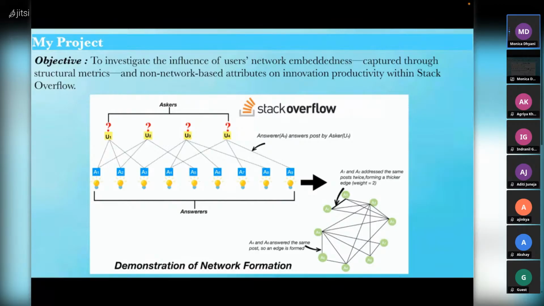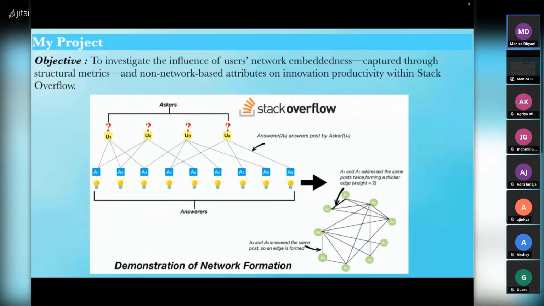And non-network metrics are the number of accepted answers, badges, which we'll see later, and activity, on innovation productivity, which is quantified by the reputation scores within Stack Overflow.